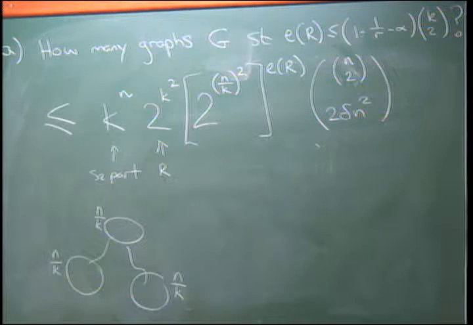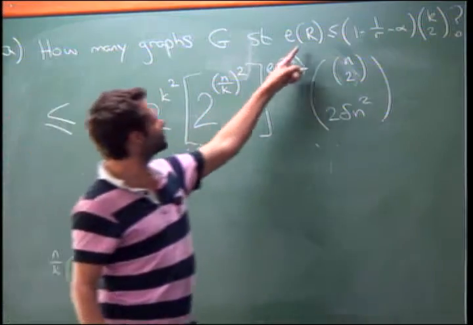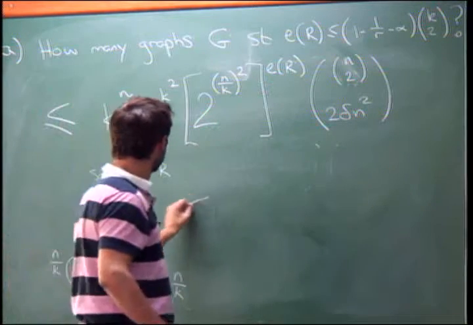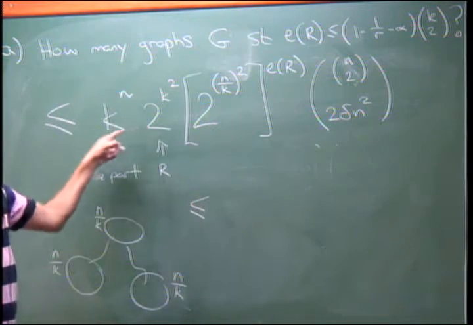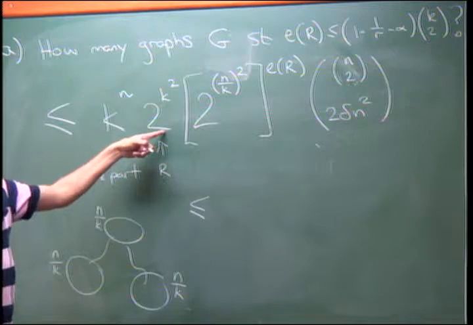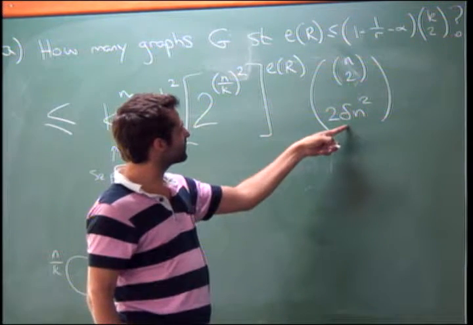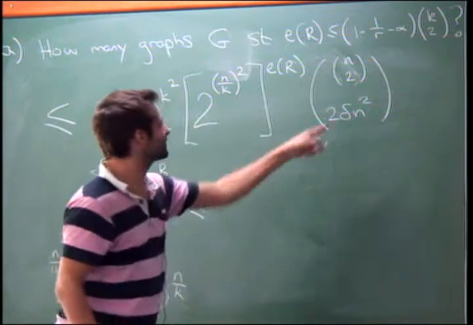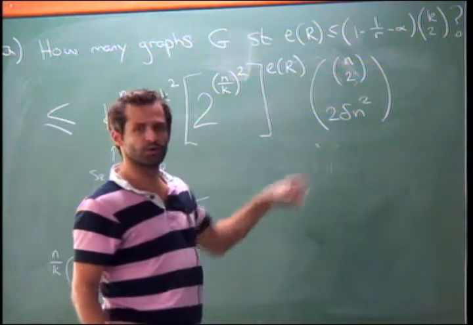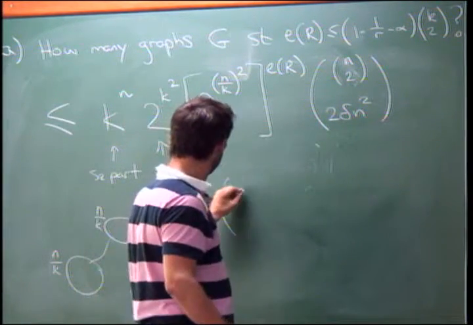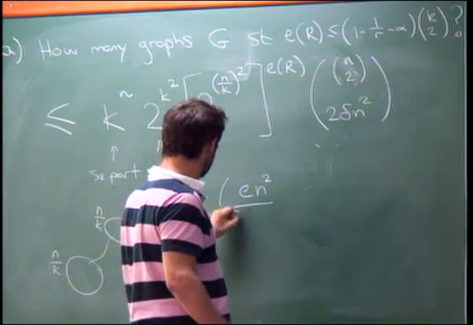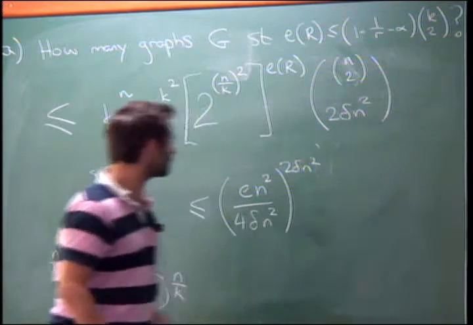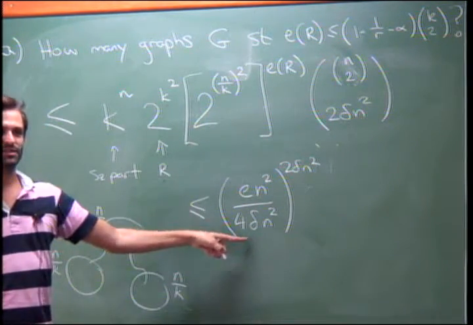So, if the number of edges is at most this, then we just plug it in here. Yeah, this is at most. So these terms are both tiny. They don't really matter. And this term is something like 1 over delta. So what is it? Just using our normal upper bound on binomial coefficients, it's this, right?